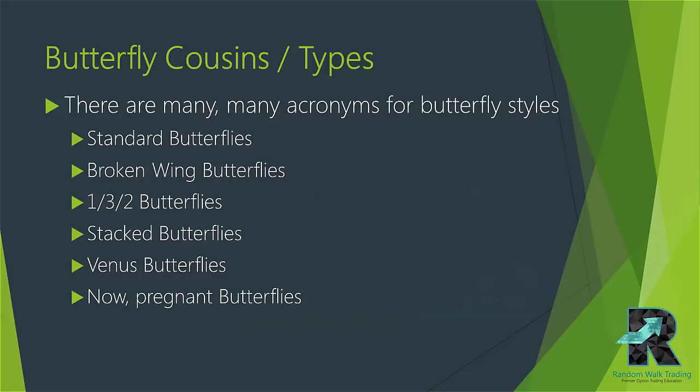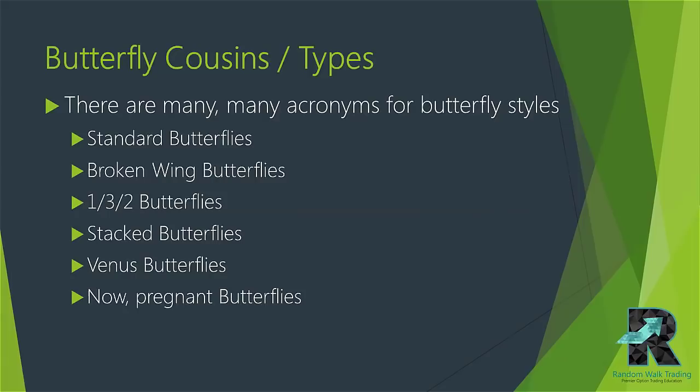Broken wing butterflies: the outer wing is typically pulled out a little further than the other debit side of the butterfly. 132 butterflies: you typically have twice as many shorts as long debits or long verticals in your butterfly. Stack butterflies is something I was using this past summer, and we use that in some of our strategies to increase the profit zone and double the profit area, which is nice.